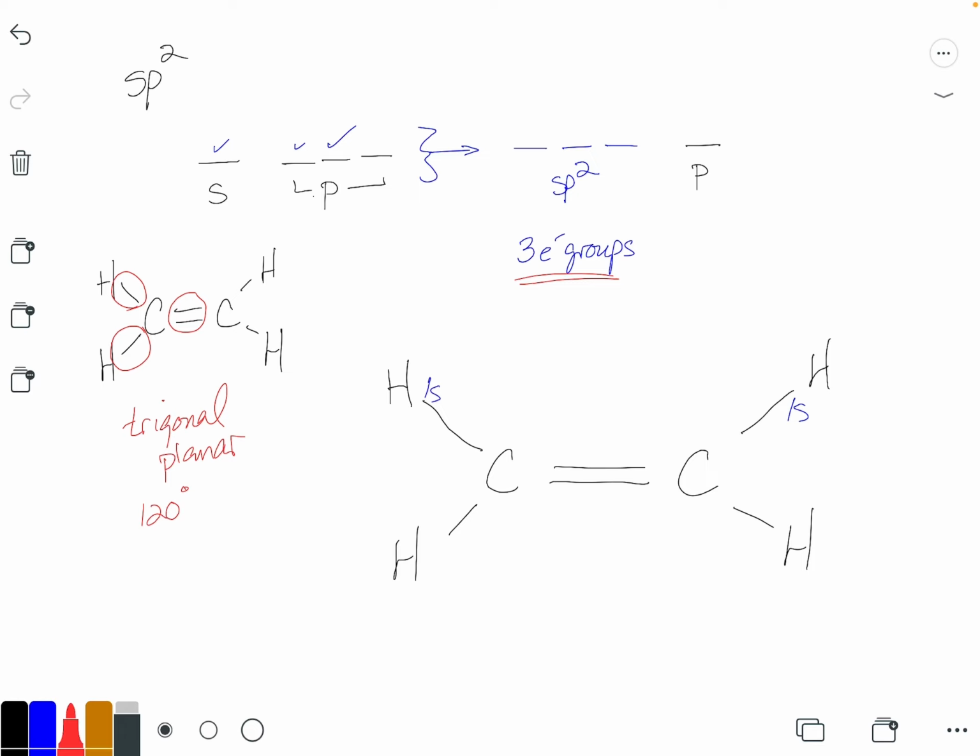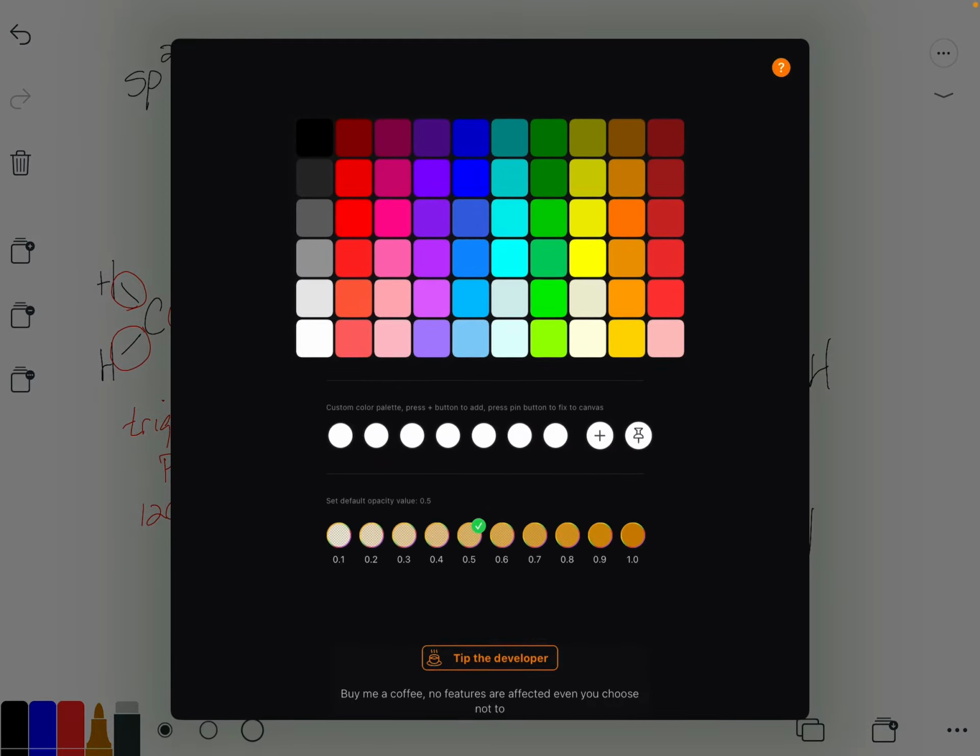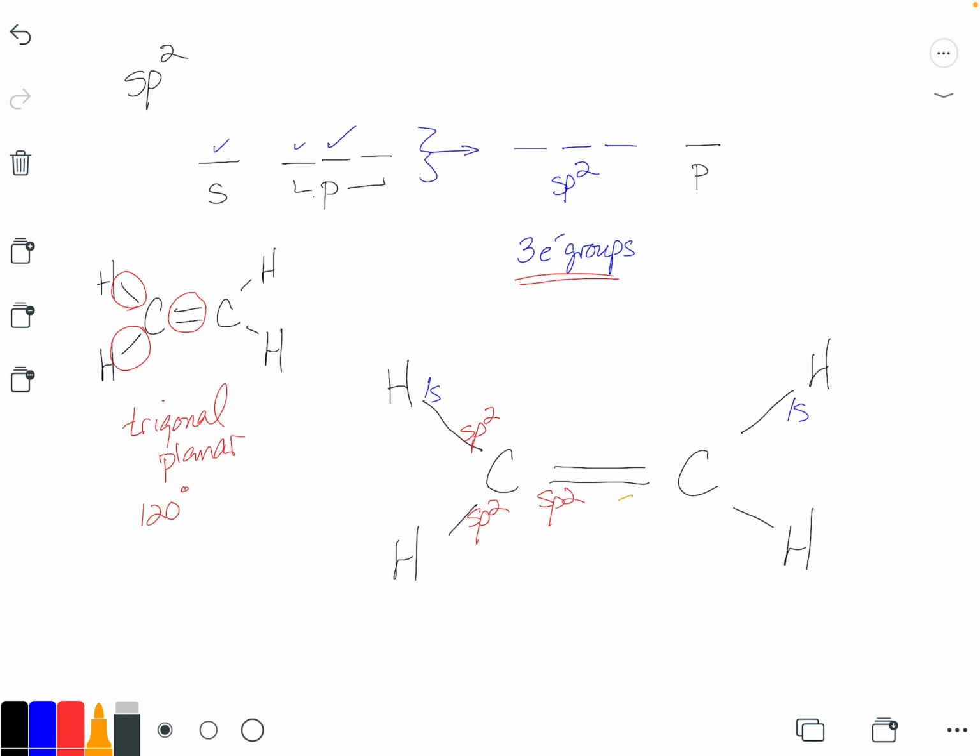In terms of carbon, we can now say, I know I have an sp2 hybridized orbital there, there, and there. Similarly for the other carbon, maybe I'll pick a different color. Let's go with orange. sp2, sp2, sp2. Right? I needed 3 equivalently spaced, equivalent energy orbitals to make bonds around this central atom.